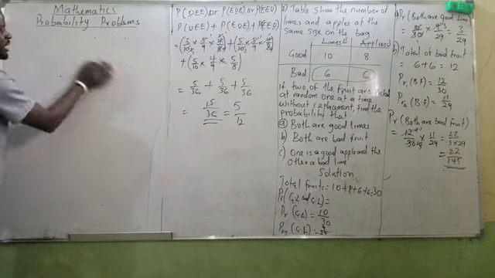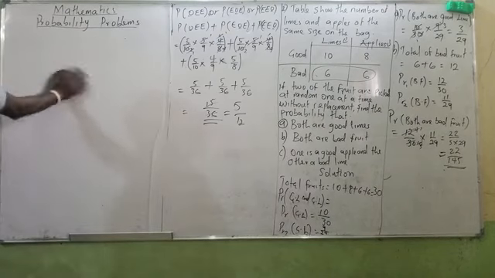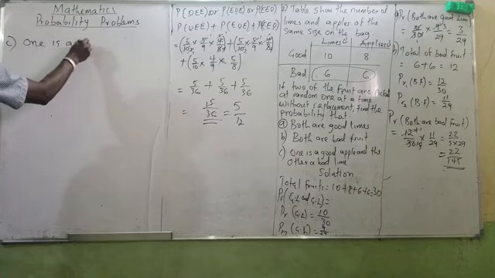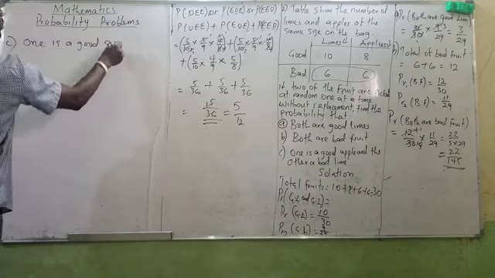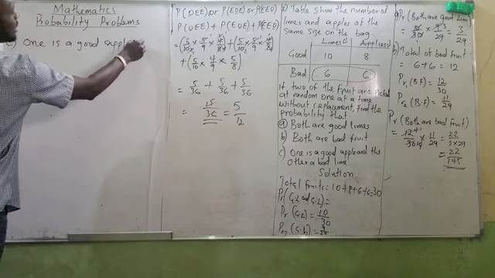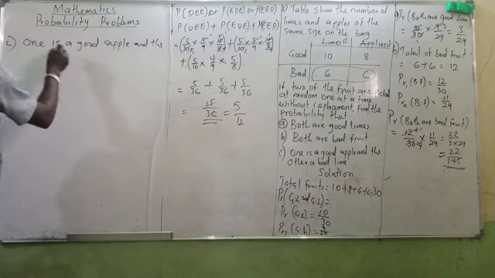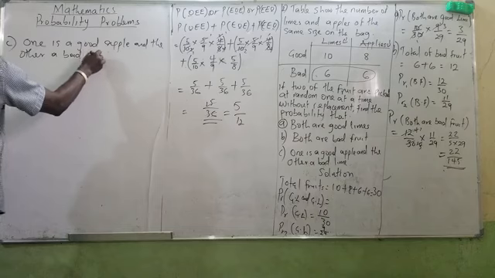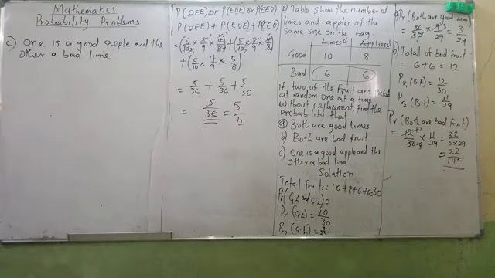Okay, the question is asking from us, which is number C: one is a good apple and the other a bad lime. Now, what you just need to do here, there won't be any problem. I'm talking about number C this time around.